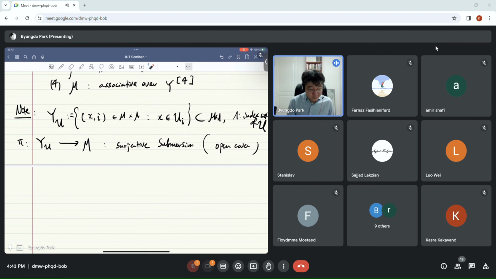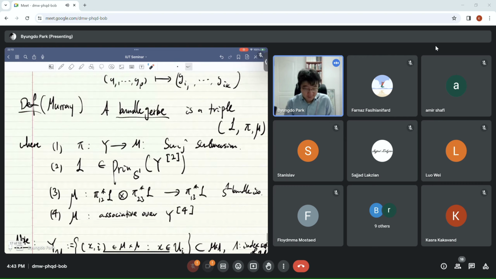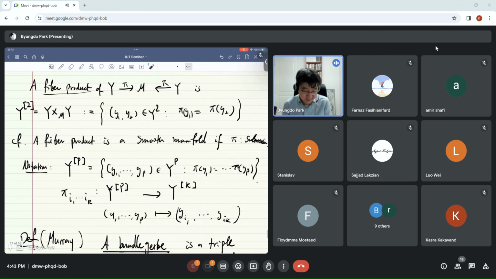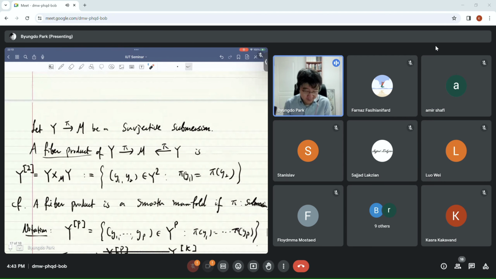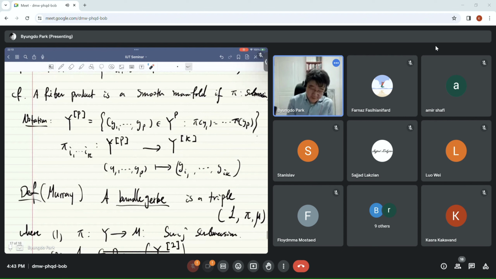And if I tell you a brief history, I heard of this from David Roberts in Australia. He wrote papers and interacted with Murray. And when Murray first developed this thing, it was early in the 1990s.